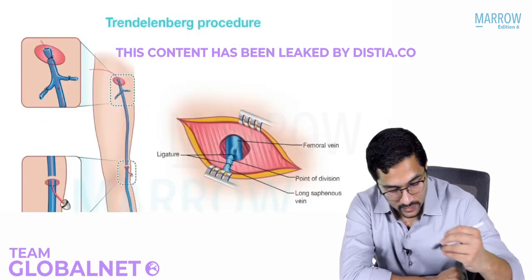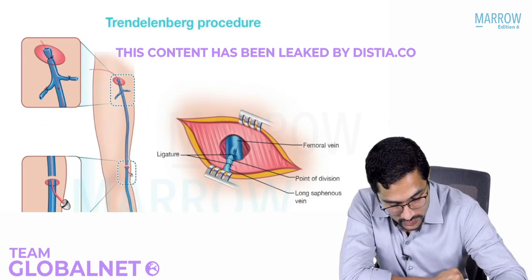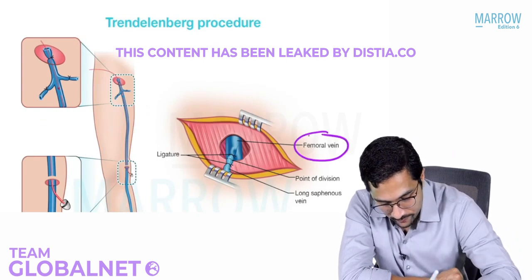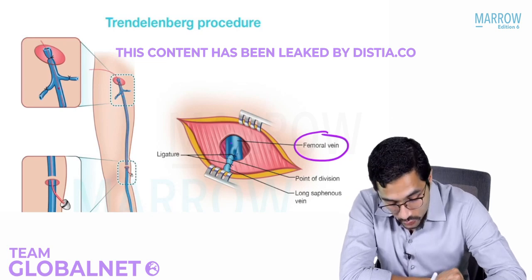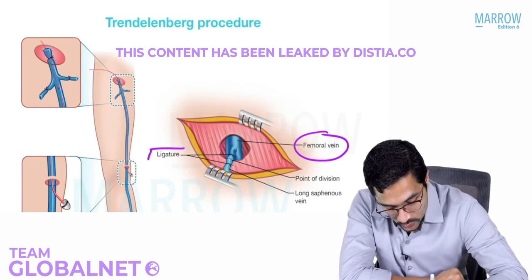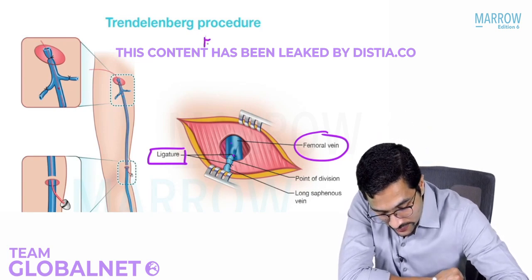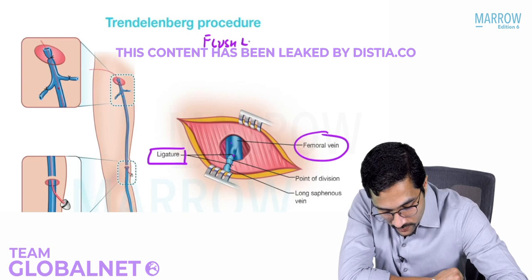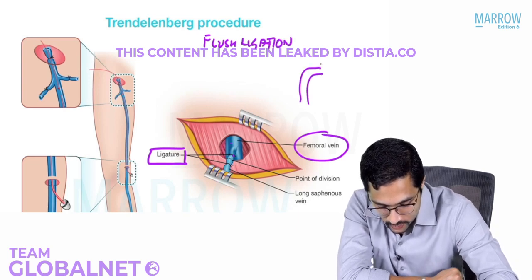So you can see here, this is the saphenofemoral junction. This you can see is the femoral vein. This is the saphenous vein. And you will tie it as close to the femoral vein as possible. So flush ligation means as close to the junction as possible, right?